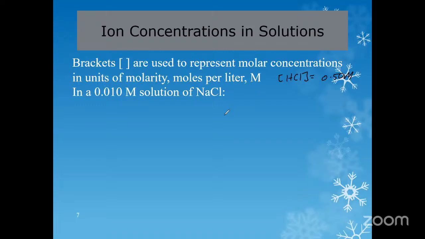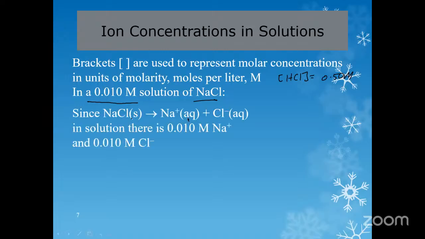All right, so with that said, let's look at what happens when we have a 0.010 M sodium chloride solution. As we said before, sodium chloride is a strong electrolyte, and therefore it will undergo complete dissociation to form sodium ions and chloride ions.